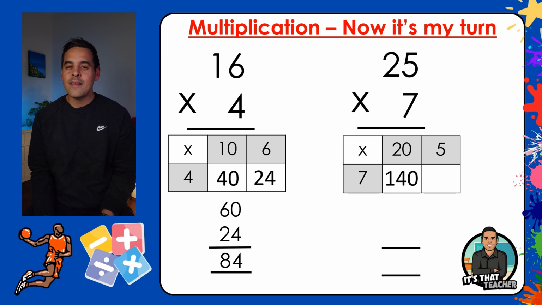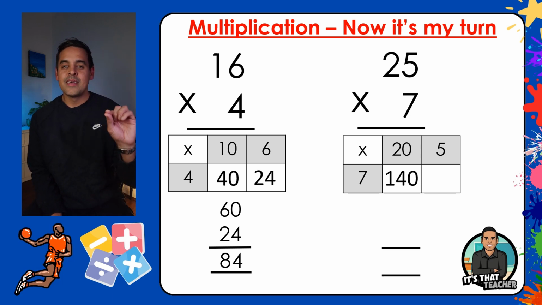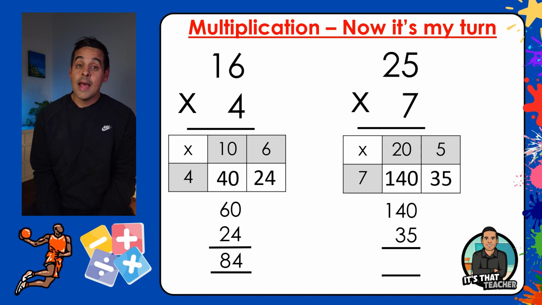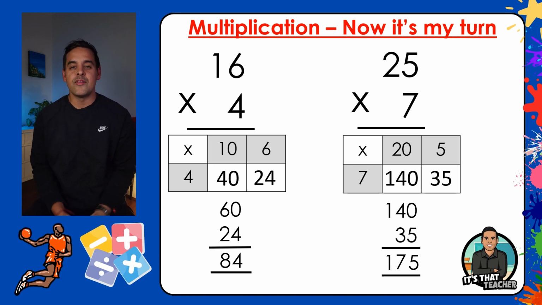So like I said, if you're a bit confused with that, get rid of the 0. 7 times 2 is 14, and then add the 0 back. 140. Easy. Now, 7 times 5 is 35. Put it in an addition algorithm like this, 140 plus 35, starting in the ones column. 0 plus 5 is 5, 4 plus 3 is 7, and 1 plus 0 is 1, so 175.